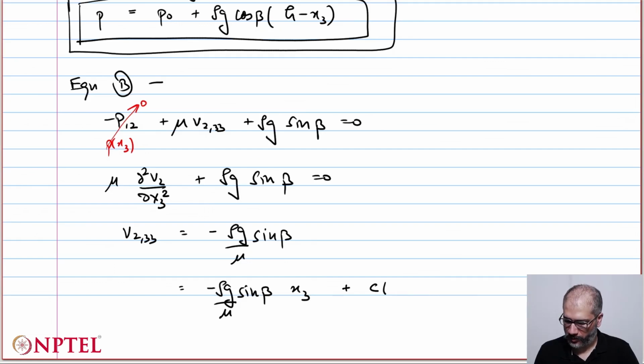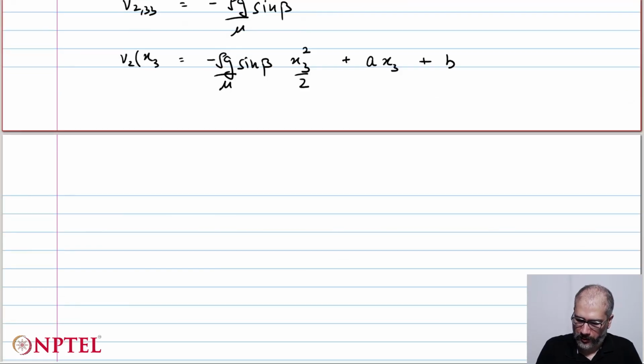So this is just a constant. Let's call this a. So that's v2 comma 3. But if I integrate this again, then I'll get v2. But then this becomes x3 squared upon 2. We get an x3 here and we get another constant b. So this is a function of x3.